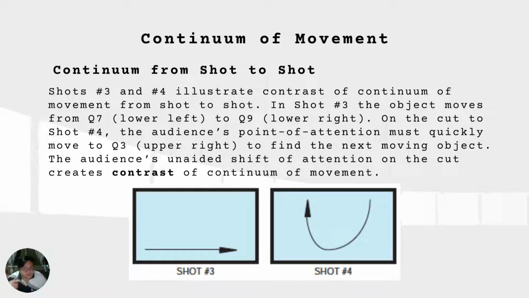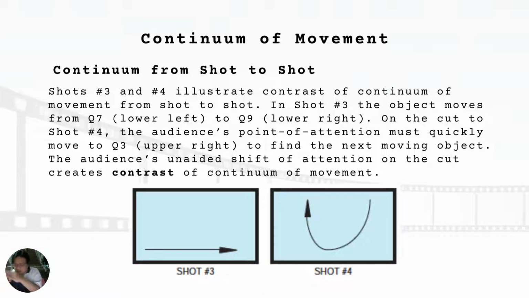The audience's unaided shift of attention on the cut creates contrast of continuum. So the audience is disrupted. For affinity, after this shot you go to the next shot and the moving object still catches the attention of the audience. In this particular shot, for contrast, you move one way, and suddenly the next movement is different. So, it creates contrast. Okay?